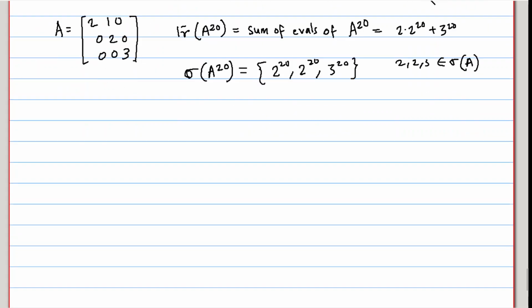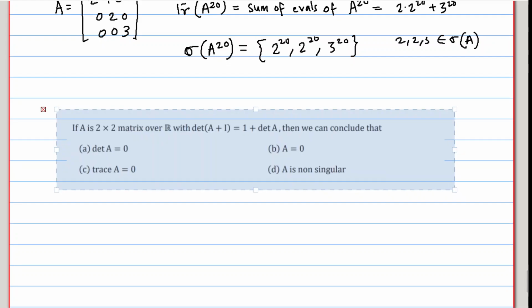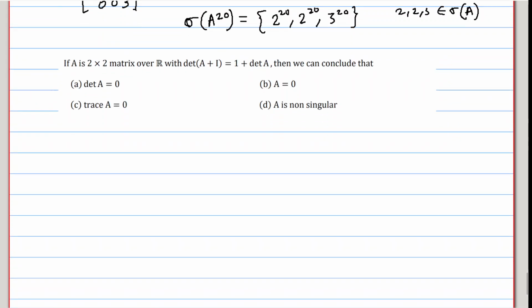Question number 9. Just for the sake of completeness, I'll solve this quickly. One method is you can take it this way. Another method: since they have only asked for determinants and traces, let lambda 1 and lambda 2 be the eigenvalues of A. Then the eigenvalues of A plus I will be 1 plus lambda 1 and 1 plus lambda 2.